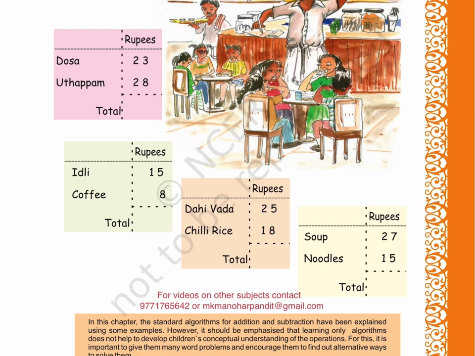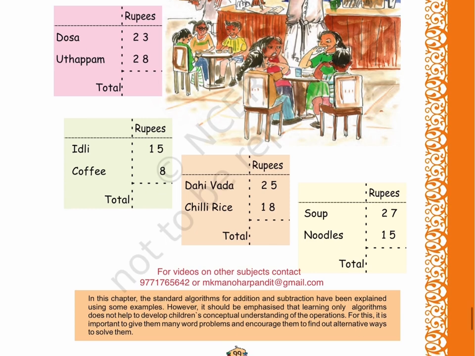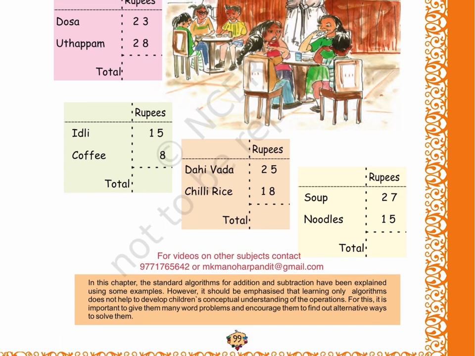Bill 2. Idli costs rupees 15 and coffee rupees 8. Then what will be the total bill amount? Row 1, column 1, idli, column 2, rupees 15. Row 2, column 1, coffee, column 2, rupees 8. Row 3, column 1, total, column 2, rupees dash. Bill 3.